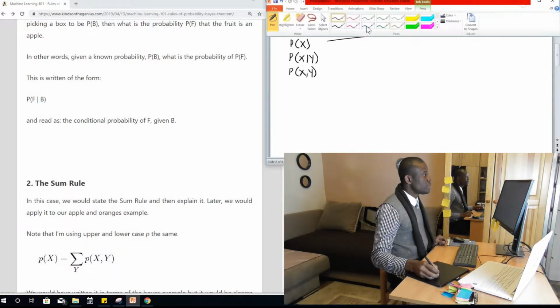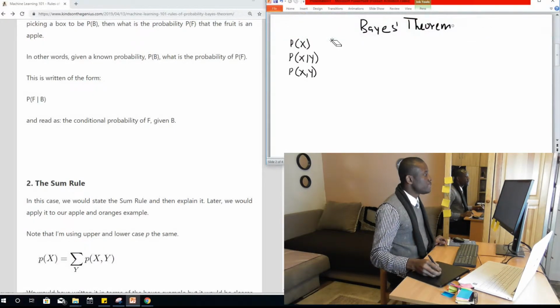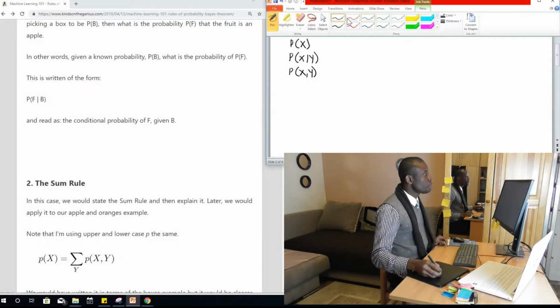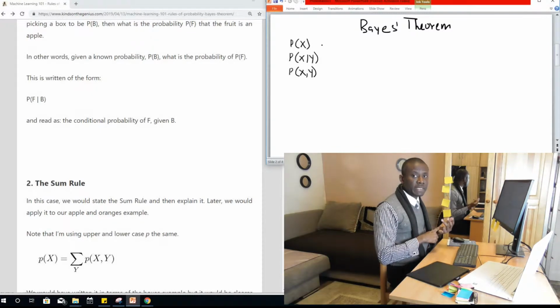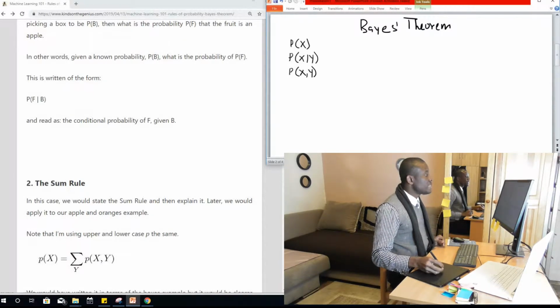So the sum rule helps us find marginal probability, the product rule helps us find joint probability, and Bayes' theorem helps us find conditional probability. So let's start with the sum rule.